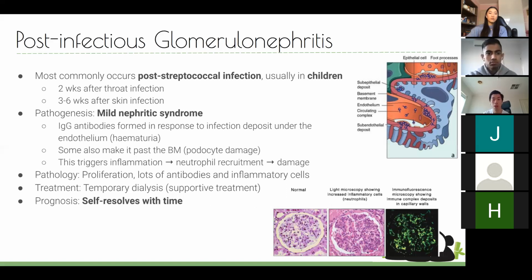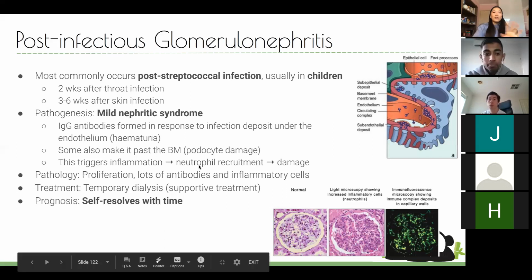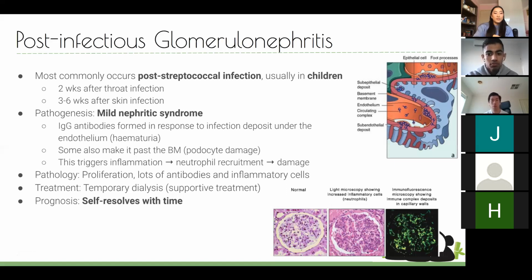So just keep in mind, if they come in perhaps saying they had a throat infection, they got better from it, and now they're getting bleeding through their urine, it's pretty buzzwordy for post-infectious GN. Yeah, just as a side. And we'll get to IgA nephropathy, and you'll see it's just a slightly different time frame. Okay. Oh, and also the different antibodies. So this one has IgG, whereas IgA is a separate.